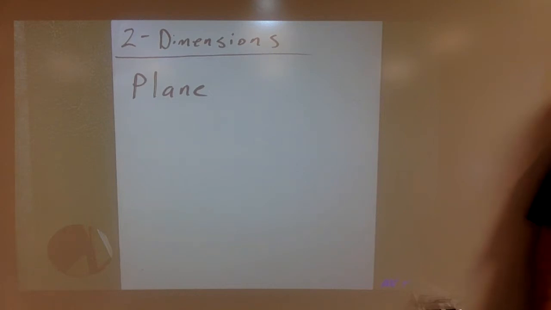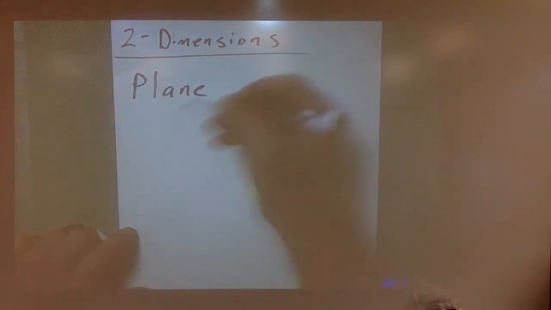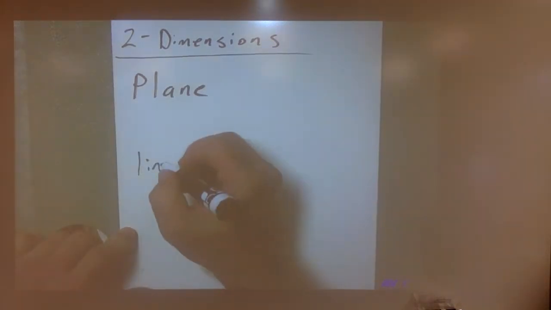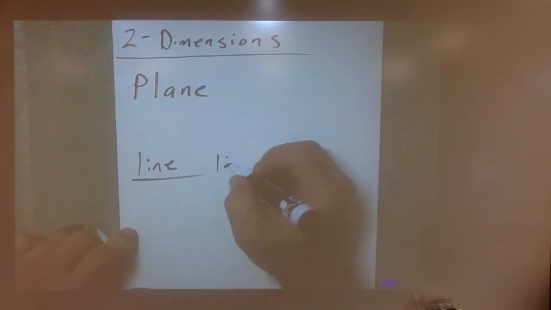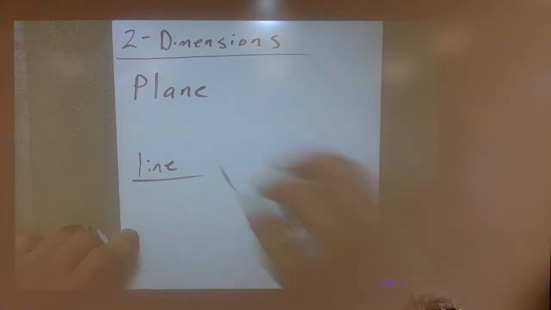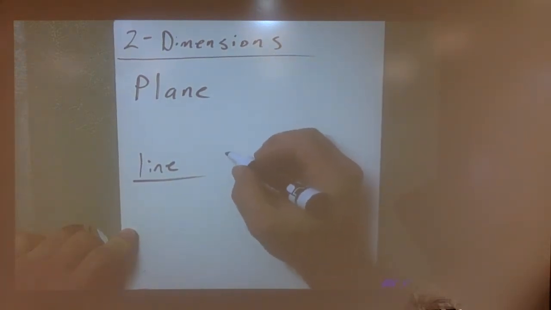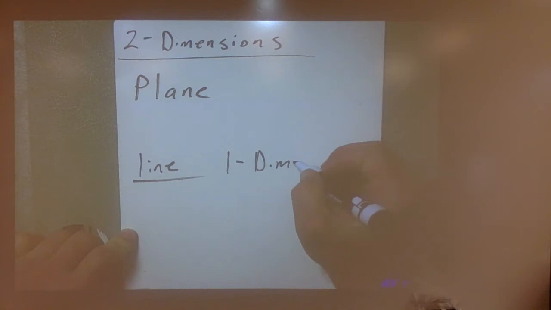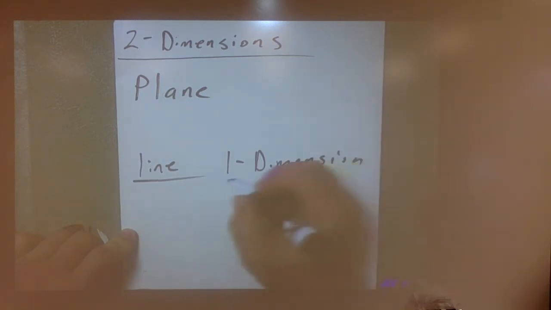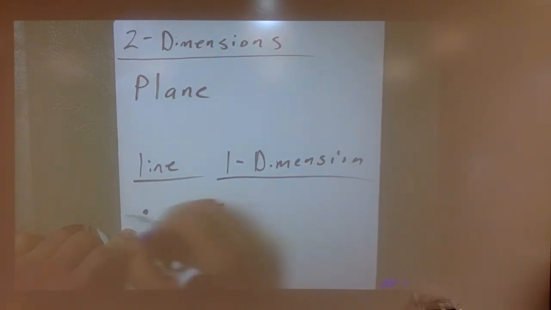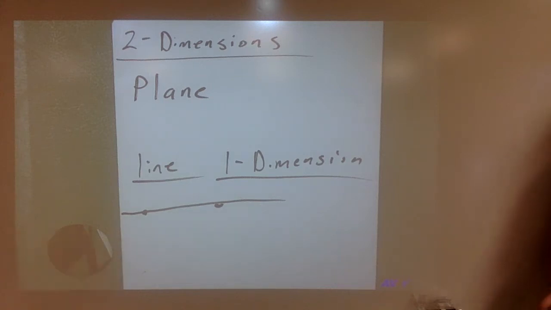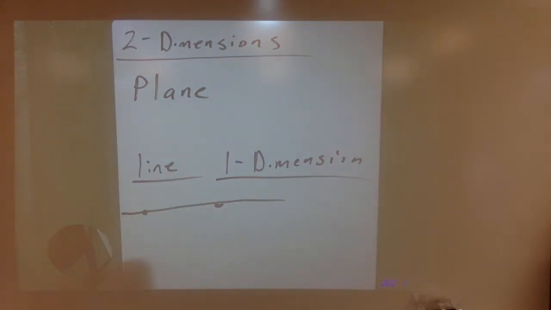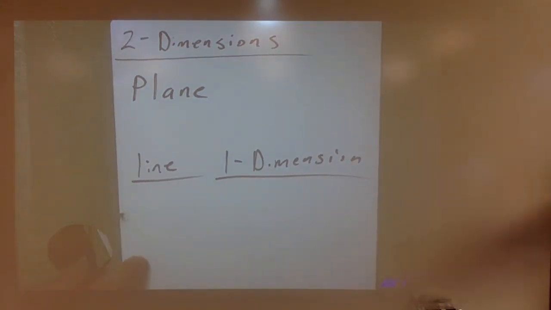What we're going to use to define a plane is 3 points. All right, let's step back to yesterday for a second. A line was one dimensional, and to make a line, we needed 2 points. If you have 2 points, you can connect that with a line, and that's a one-dimensional shape. So a plane, now we're stepping up to the next dimension, 2 dimensions, we need another point.